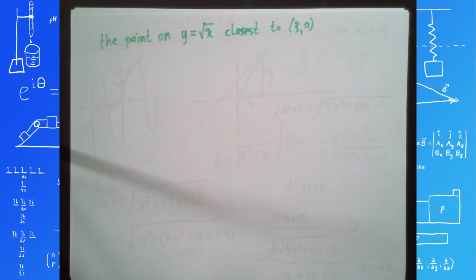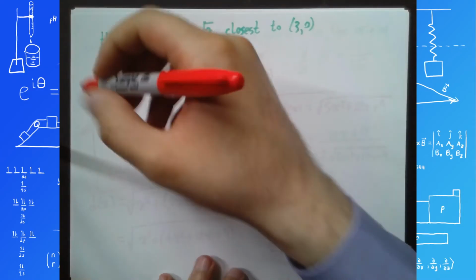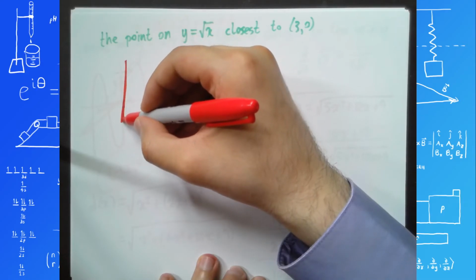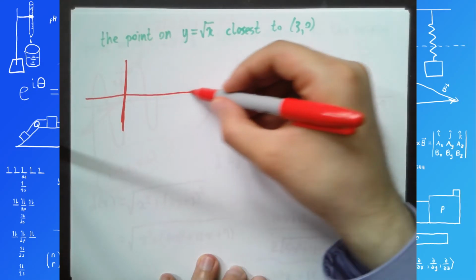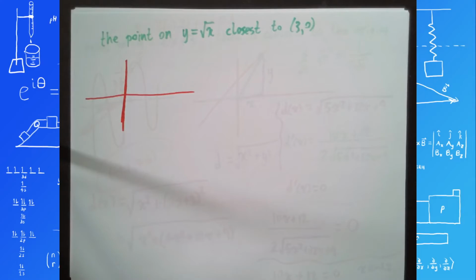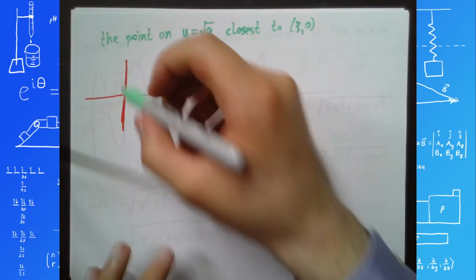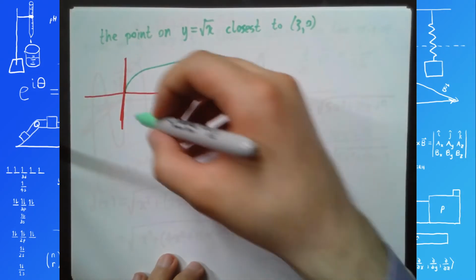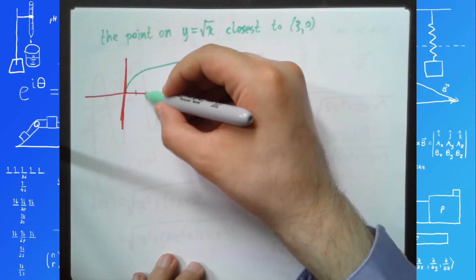And I guess I'll illustrate it for you because it does slightly differ from what we did before, but not by too much. That doesn't look very straight, but we'll go with it. So y equals square root of x would look like that. And then we've got 3, 0.